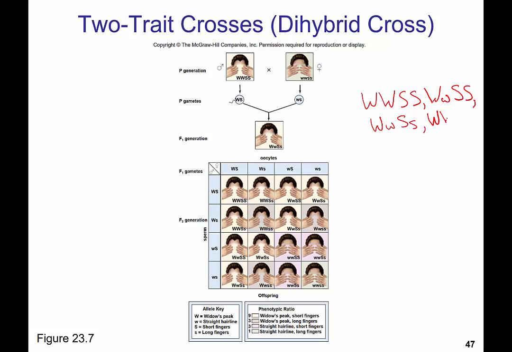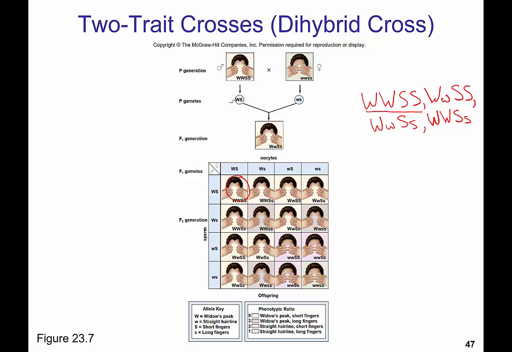Or we could have big W, big S, little s. All of those genotypes have the same phenotype. And so if we look here, that's represented here. Okay, so we've got that one taken care of.